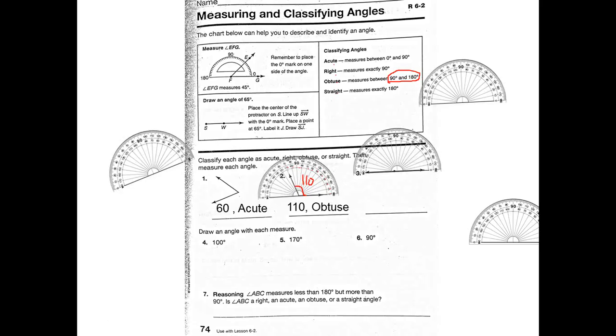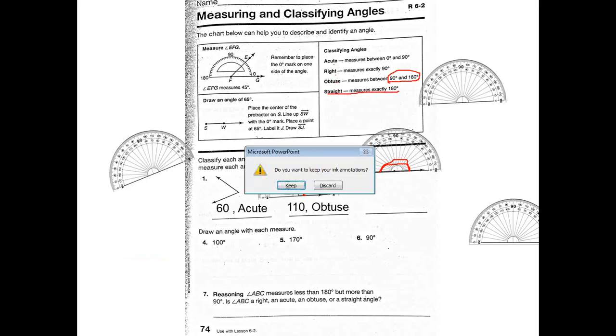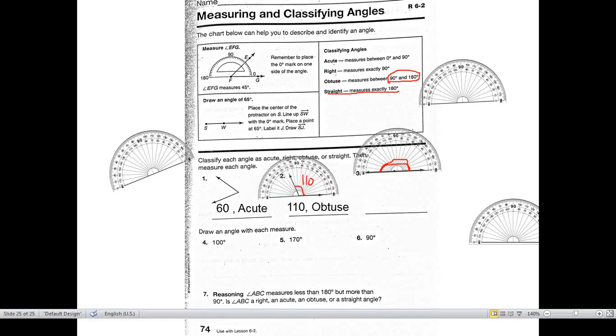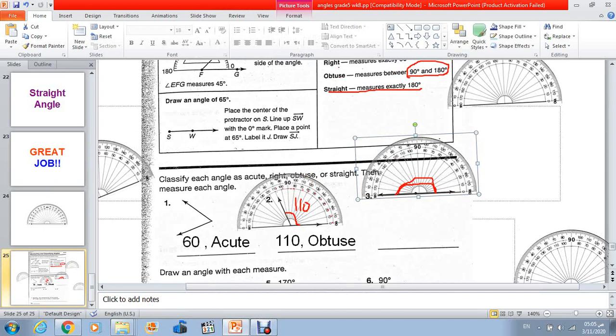You already know that the straight line, its full angle is 180 degrees. So here it is. The straight line measures exactly 180, from 0 to 180.